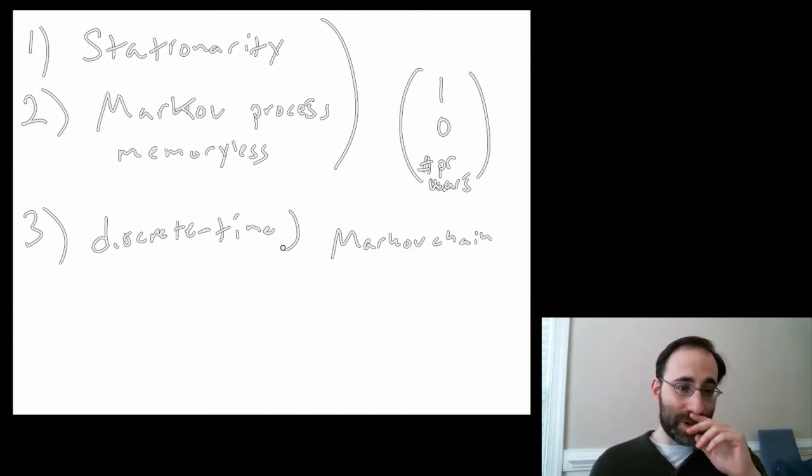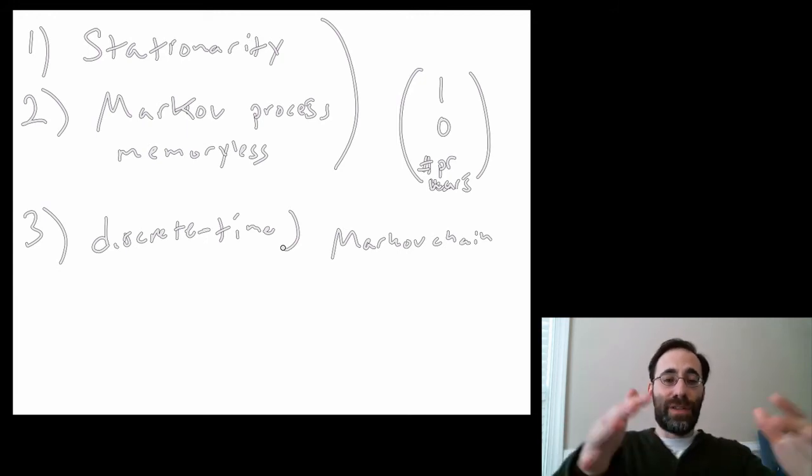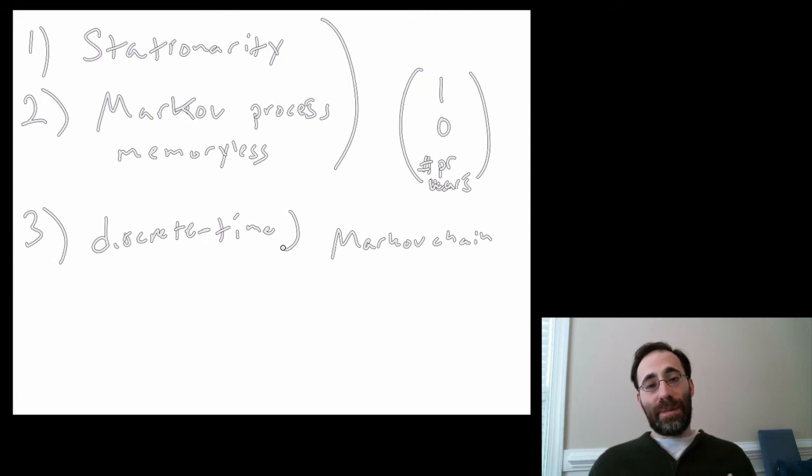But before we do, a couple words on how they're used. There's a couple really common usages you'll see. The first usage is in stats, when you deal with things called Markov chain Monte Carlo simulations. The idea is to simulate out properties of things like estimators in statistics by just running through a Markov process, a Markov chain, a stationary memoryless discrete time chain in which you build up the sort of posterior distribution of something over time using random draws.